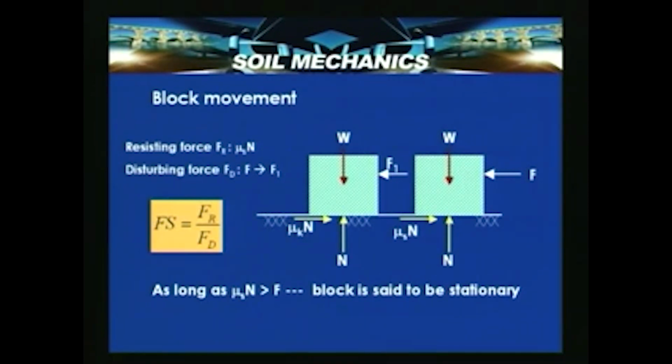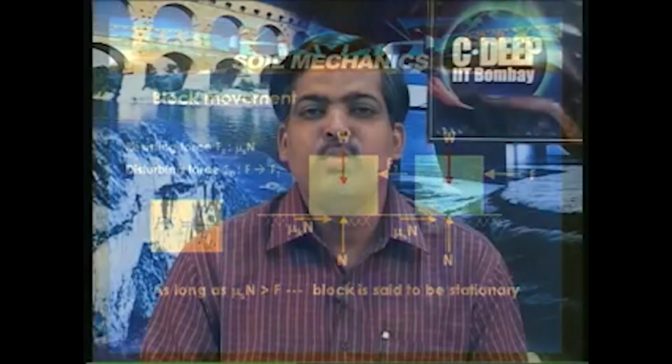The moment this F crosses this mu Sn, the block will move in the direction of the force. A similar analogy happens when the slope portion moves on a certain surface.